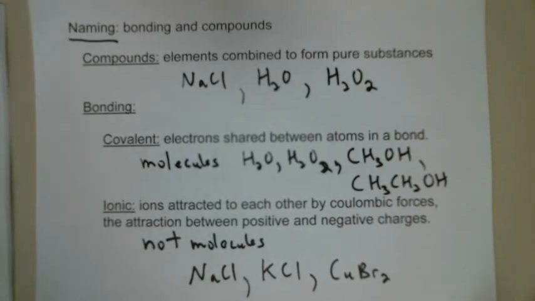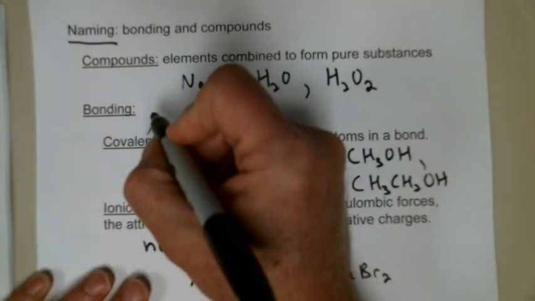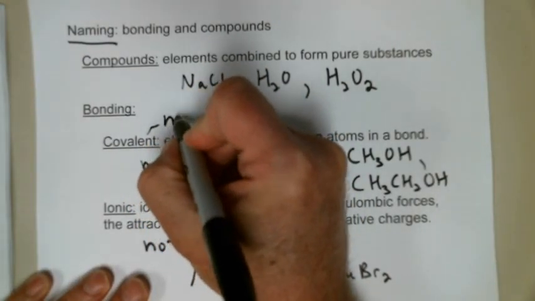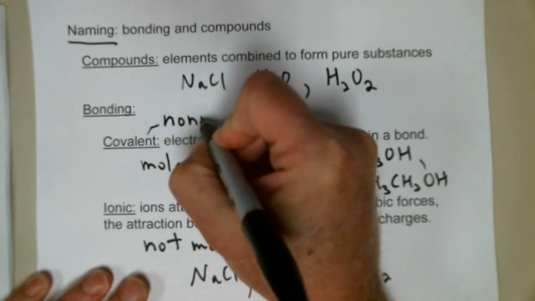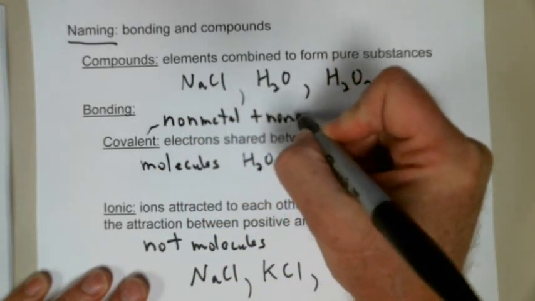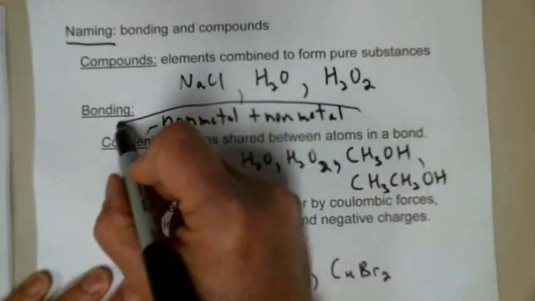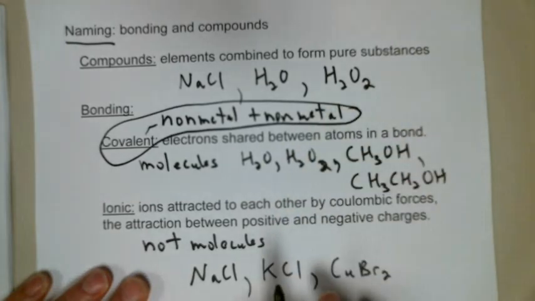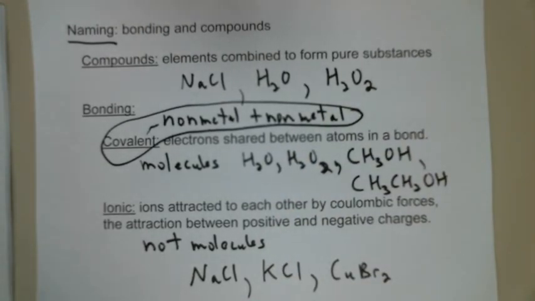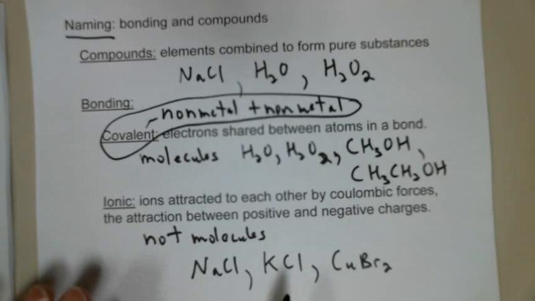And so what we're going to use is that if we see a compound and it has a nonmetal plus another nonmetal, that means it's going to be covalent. And that will give us the right answer just as often, if not more often, than electronegativity differences.